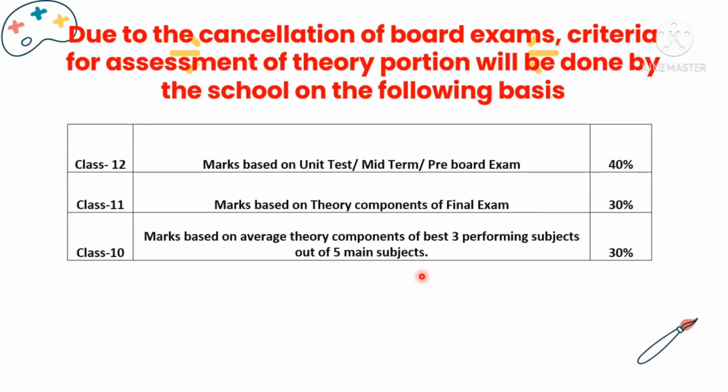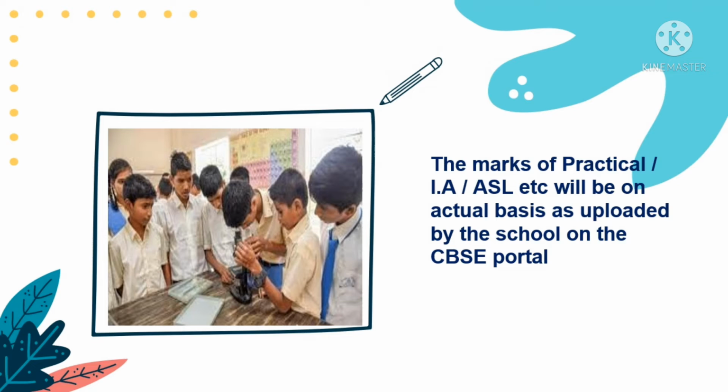So whatever 5 main subjects were there in class 10th, the school has to take the best 3 performing subjects and 30% of that. I hope you understood how much percent from class 10, class 11 and class 12 the school has to take for assessment. Okay, so let's move forward.